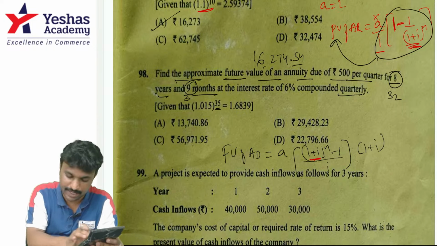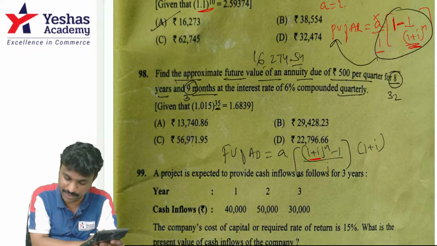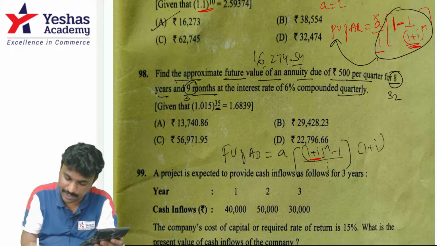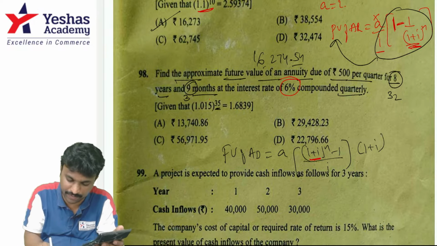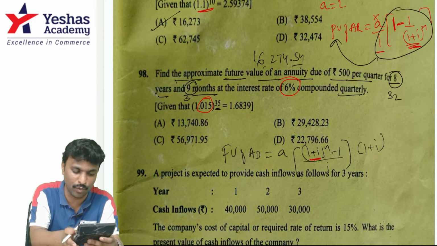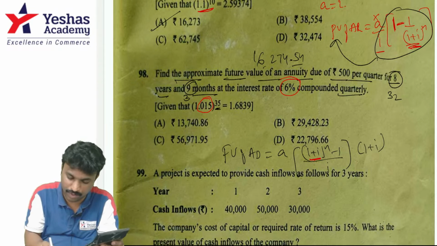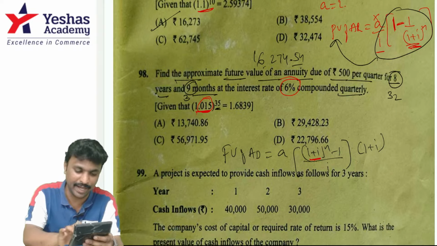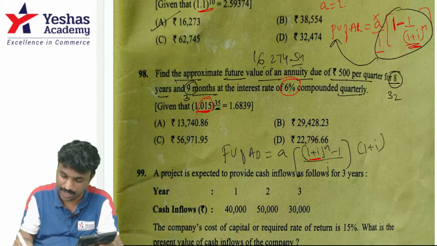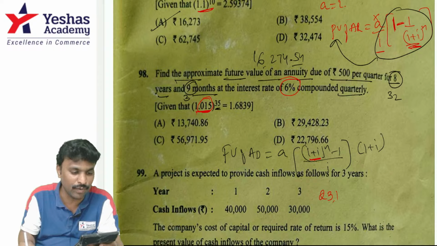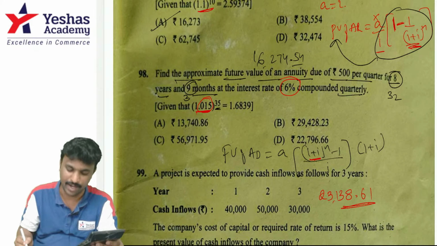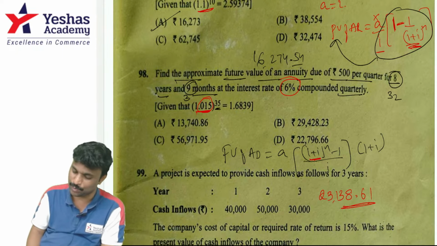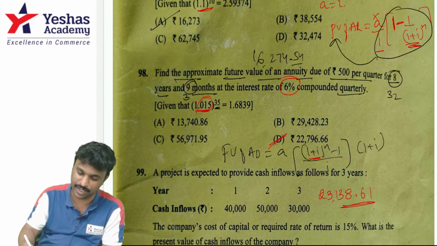Given as 1.6839. 1.6839 minus 1, divided by I, which is 6% becomes 0.015 per quarter. Into 1.015, into A, 500. That fetches me 23,138.61. So definitely no options coincide. So the nearest option is option D only.